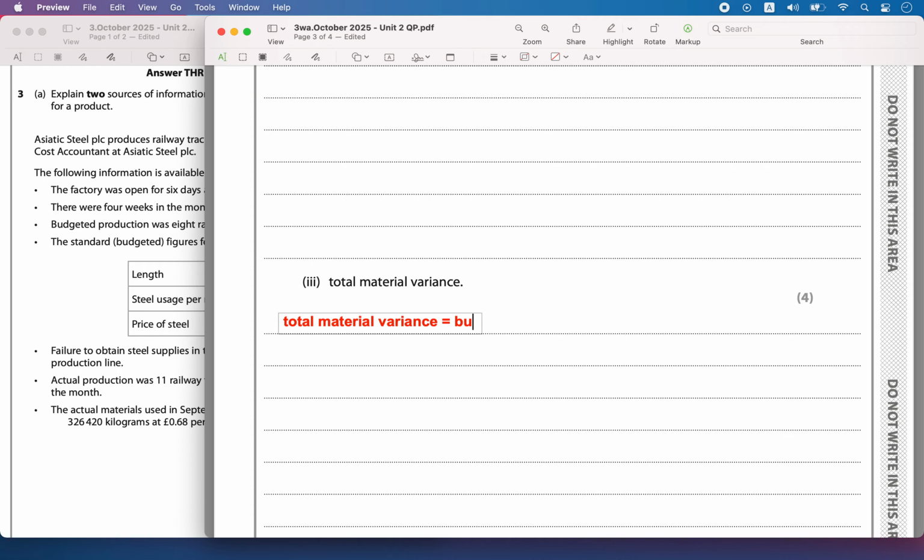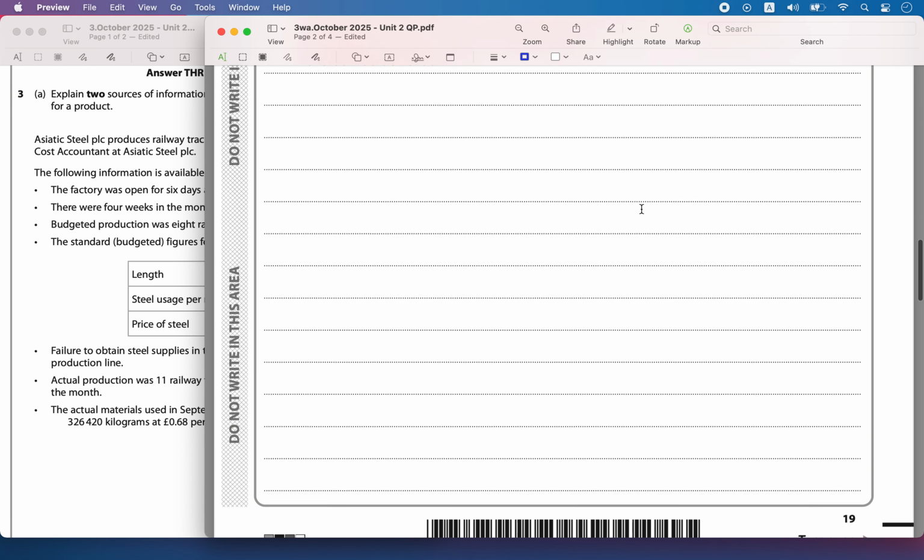Then what is the total material variance? The total material variance is equal to the material usage variance plus the material price variance that has happened.